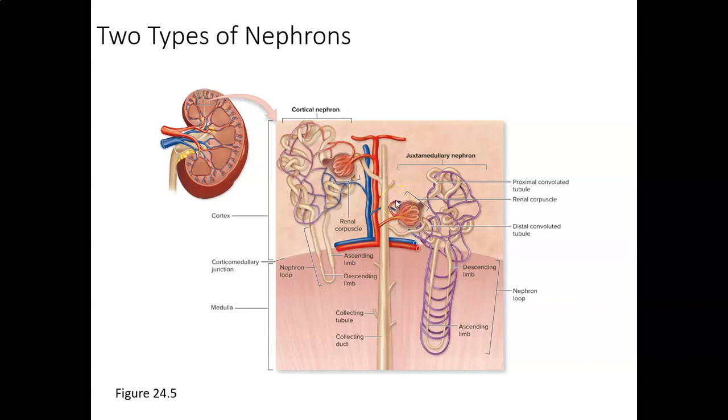But then the blood is not actually going back to the renal arteries. Instead, the arteriole is going to circle around the tubules, and also run right next to the nephron loops. We are going to see two terminologies associated with those blood vessels.